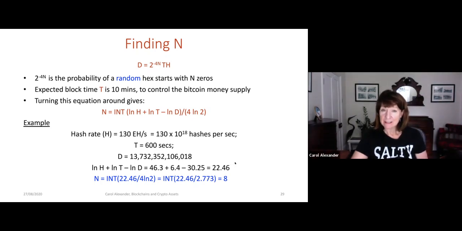So that tells us that with the current level of difficulty, the miners have to keep hashing until they find a hex that starts with n zeros, when you hash everything together, the previous block hash, the transaction root, and you add this random hex, and the result is going to be something with n zeros.